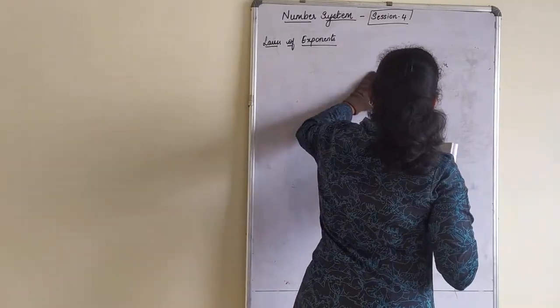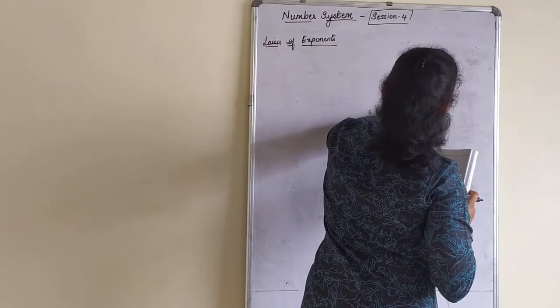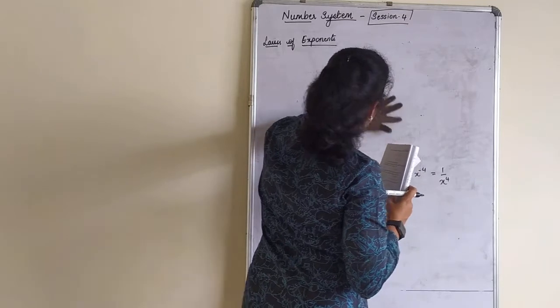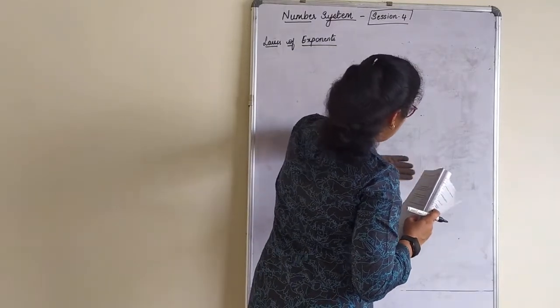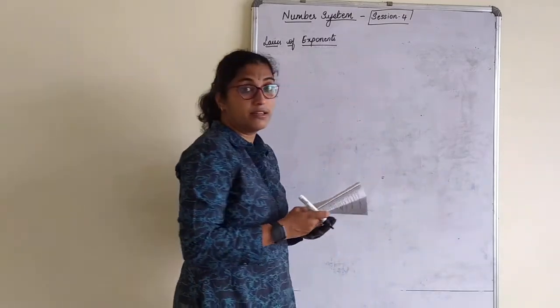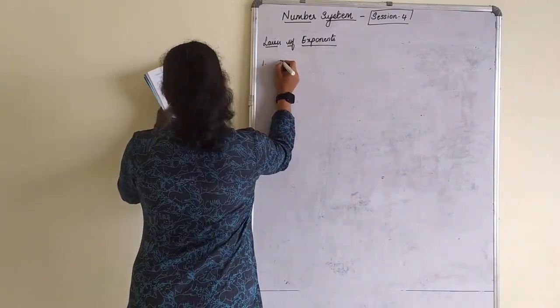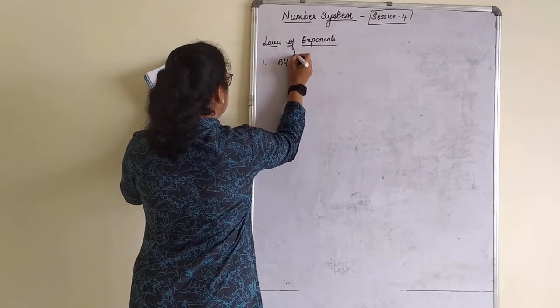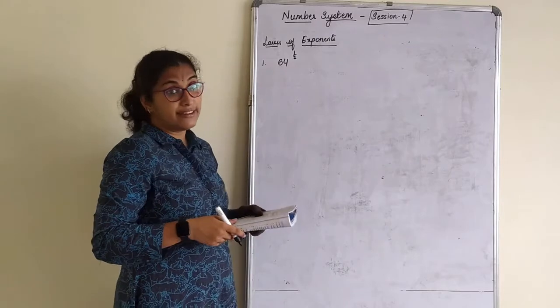If the number is small, you can just write the square term, cube term as it is. If the number is slightly bigger, you can always factorize the number, or you can say prime factorization method to get its factors. First one, find 64 raised to 1 by 2. Now 64, if you see, 64 is 8 square.